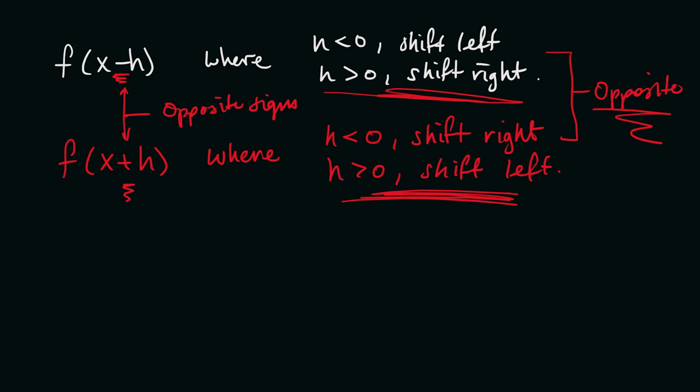Now remember that we went over translations, we went over reflections, and also we went over making them stretch or shrink. Rotation-wise, rotating something would be a completely different thing, because that would involve inverse functions.